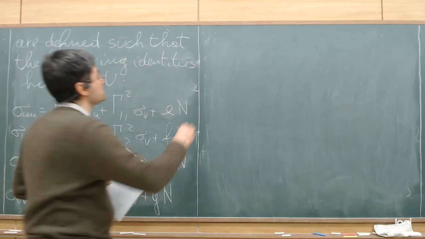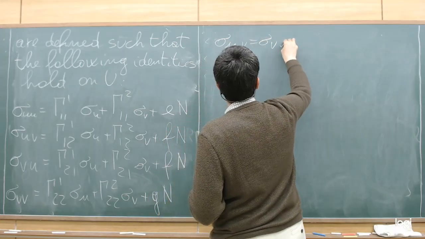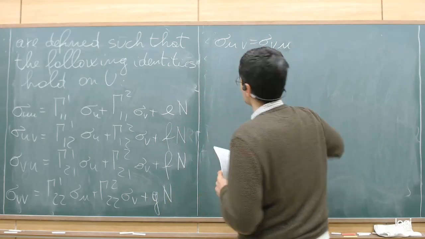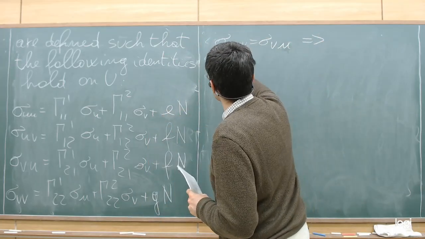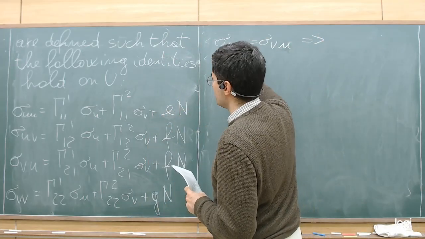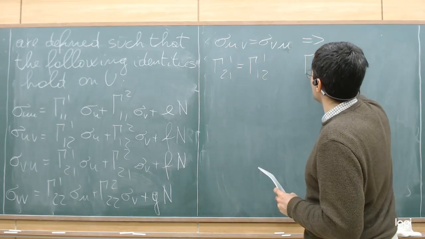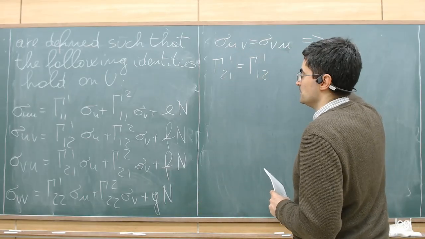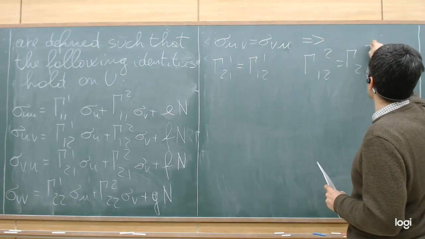Because sigma UV equals sigma VU. So this implies that gamma 211 is equal to gamma 121 and gamma 122 is equal to gamma 212.